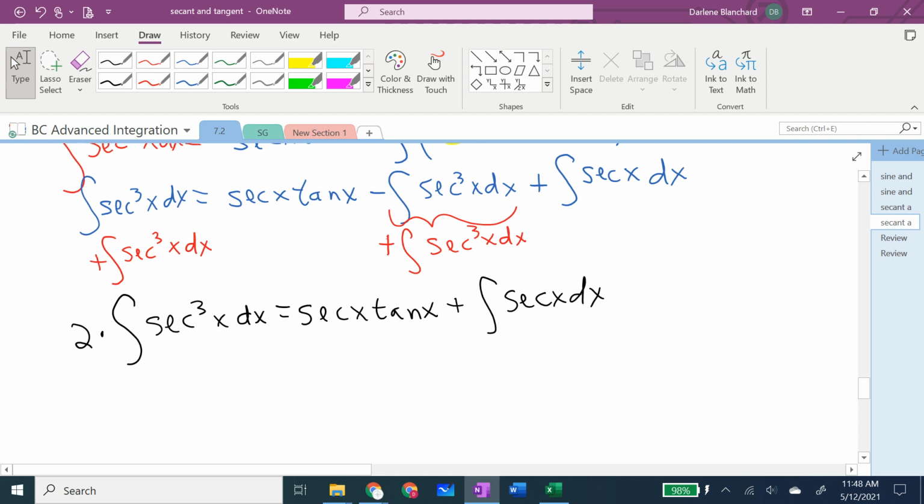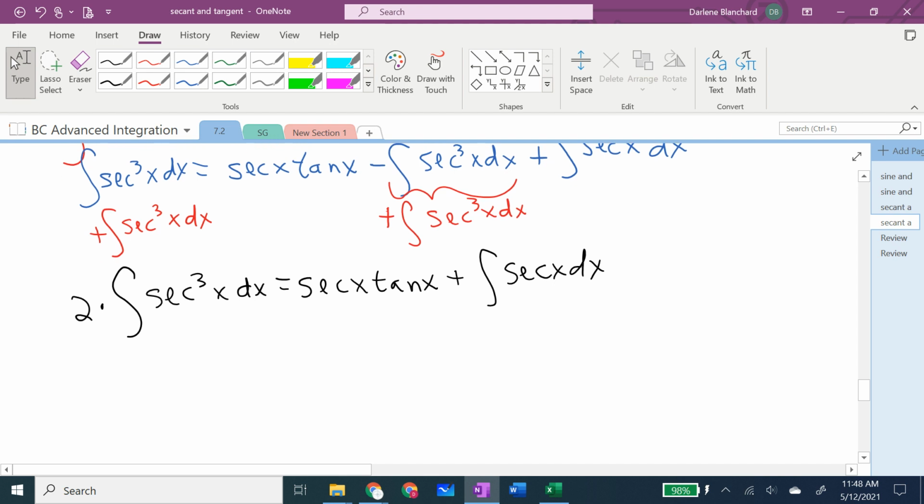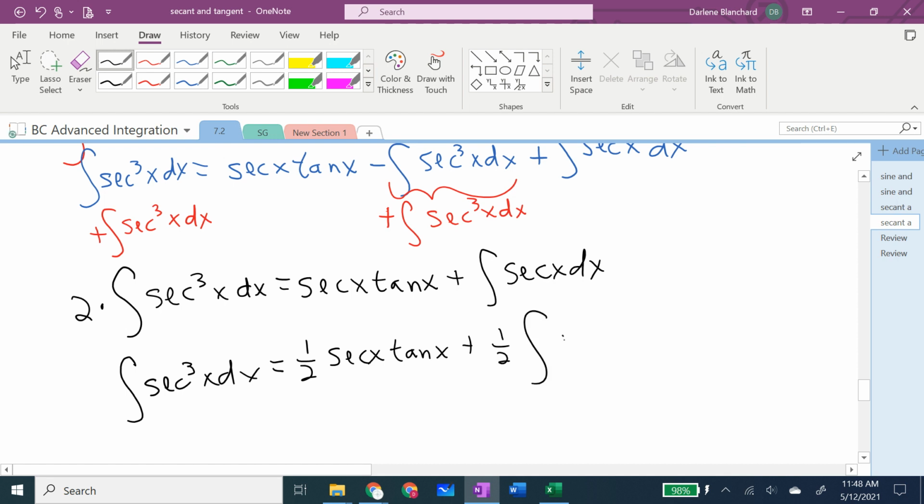Now, I do need to integrate secant x. I'm going to hold off for a second on that and say that I need to divide both sides of the equation by 2.